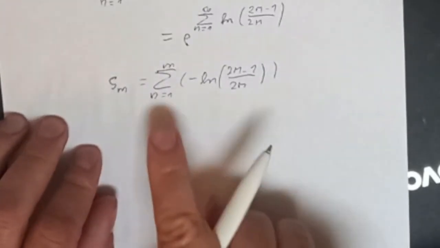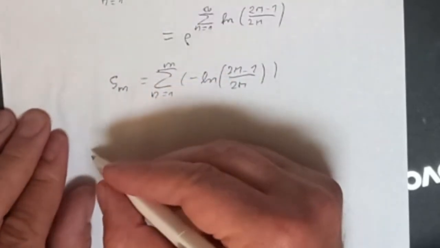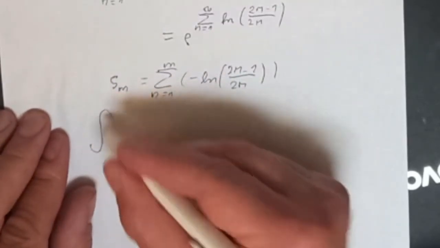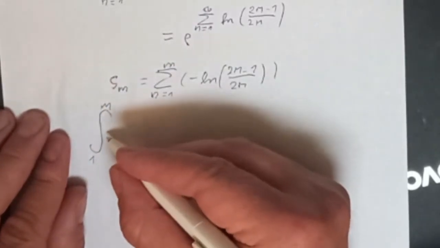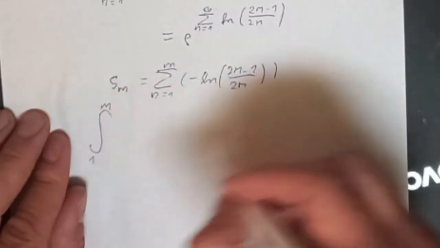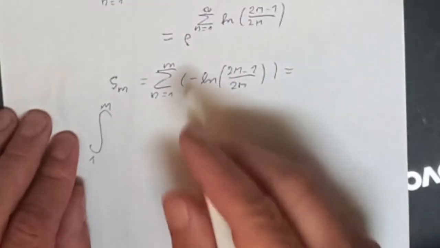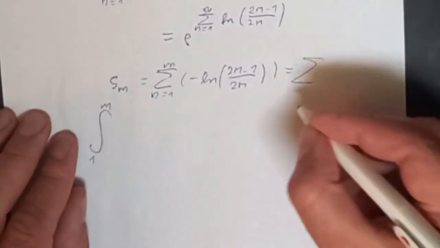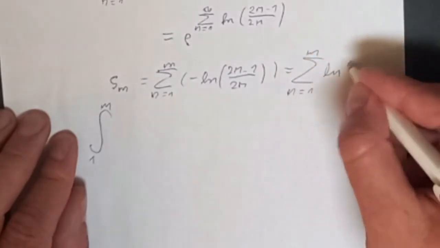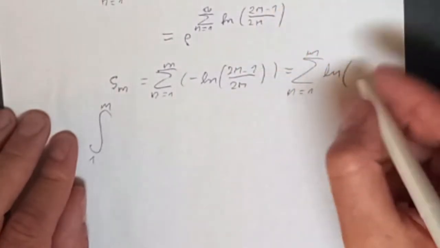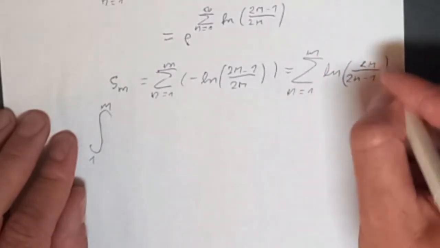If we want to know whether that converges, we can take the integral from 1 to N of, okay, we need another transformation. We just change it to 2x over 2x minus 1.